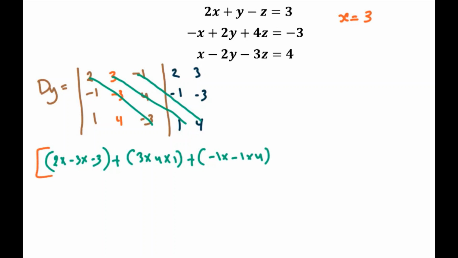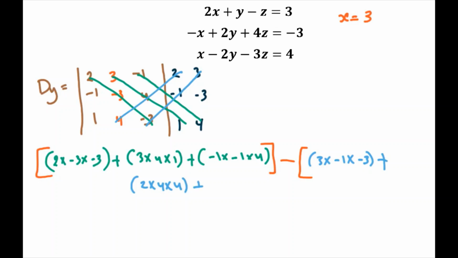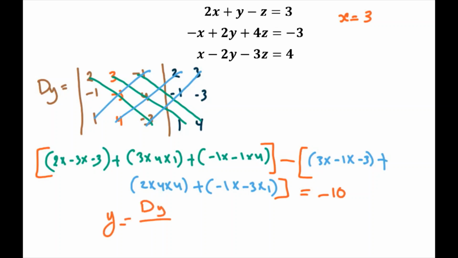And then minus, same thing on the other side. And dy will be equal to -10. So now y will be equal dy over d, which is equal -10 over 5, and that's equal to -2. So y equal -2.